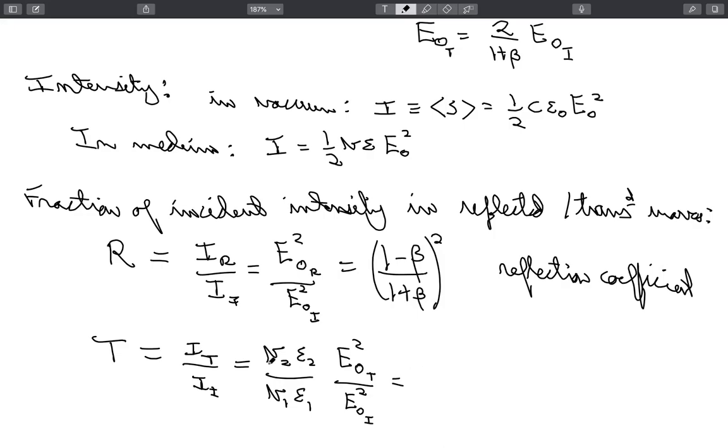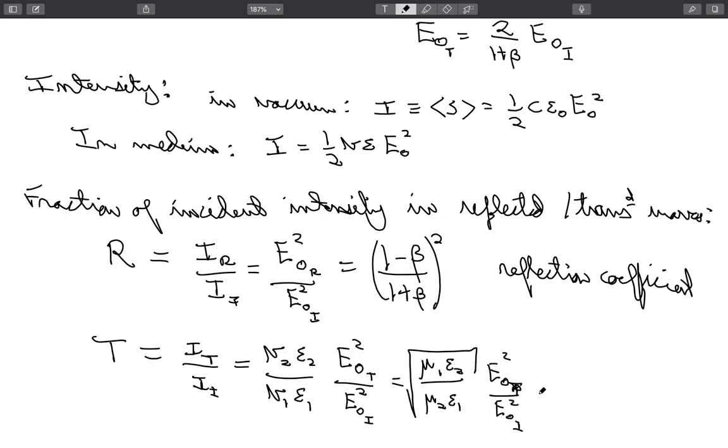Because of the V1 I replace, it cancels against this epsilon 1, but only half. So I get the square root of mu1 epsilon2 divided by mu2 epsilon1, times T squared.